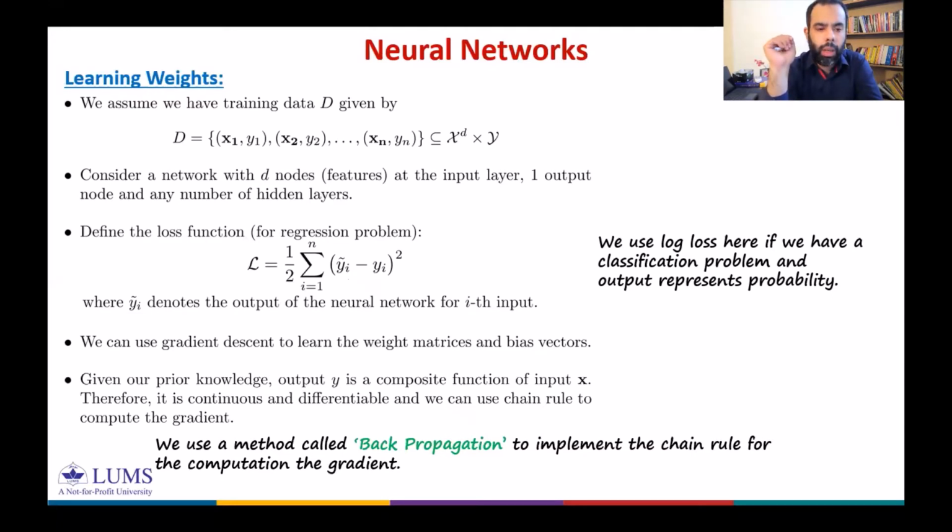Right? Okay, let me explain this back propagation method very briefly. And then we'll take a step forward, and we will see the mathematical details and how we implement the chain rule to compute the gradient using back propagation.